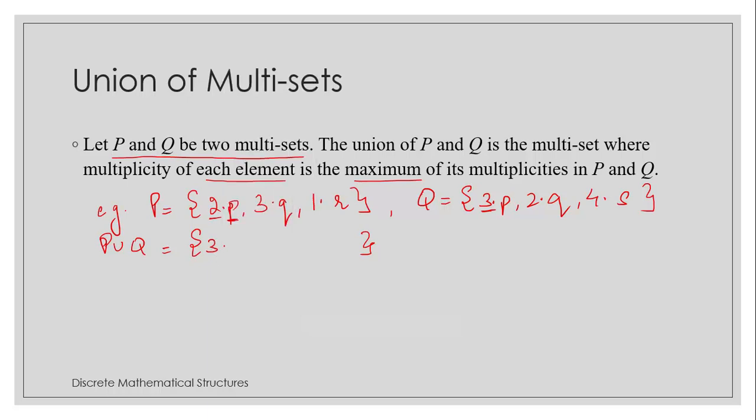So the answer will be 3 dot P. Similarly for Q, the maximum multiplicity is 3, so the answer will be 3 dot Q. Now R is not present in set Q, which means the multiplicity of R is 0 in Q. It occurs 0 times. So the maximum multiplicity will be 1 dot R. Similarly, S is not present in P, so the multiplicity is 0, and in Q the multiplicity of S is 4. So the answer will be 4 dot S. So this is the union of two multisets.